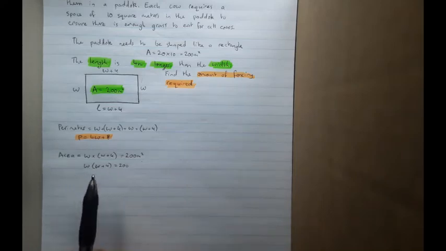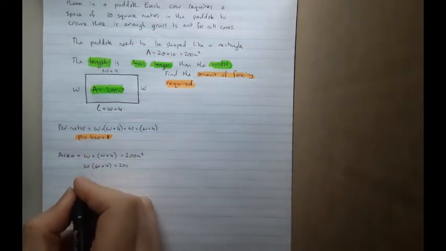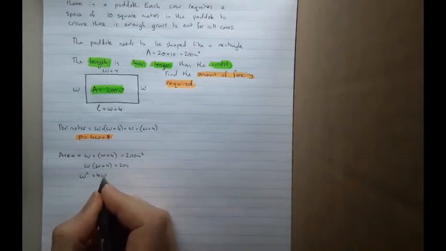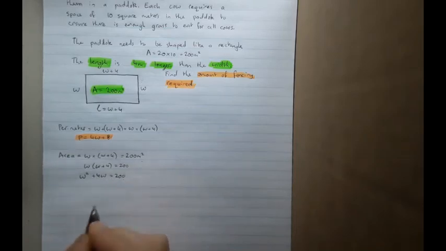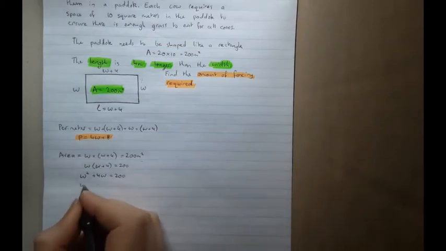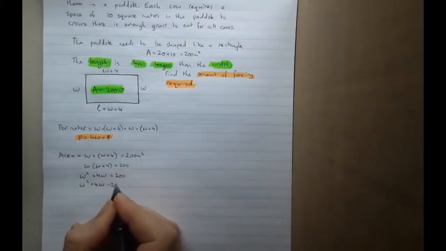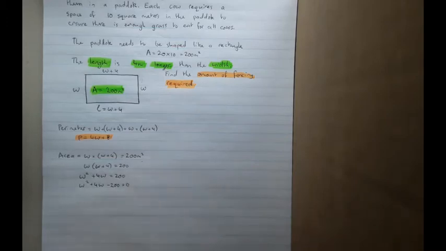So to solve this, we're going to need to expand the brackets and move all of the numbers onto the same side. If we expand the brackets, we get w squared plus 4w is equal to 200. And then if we move the 200 onto the other side of the equation, w squared plus 4w minus 200 is equal to 0. Now we need to solve this.